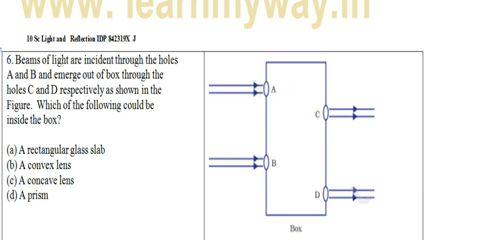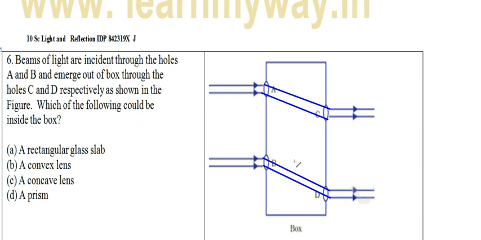A is moving out from C like this, and similarly from B to D like this. So now the question is, which of the following could be inside the box?